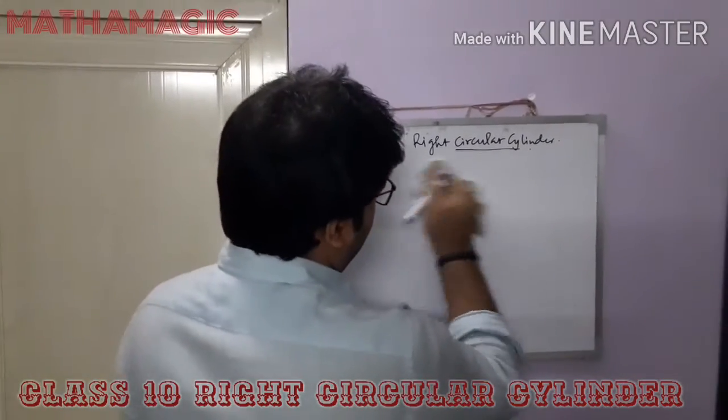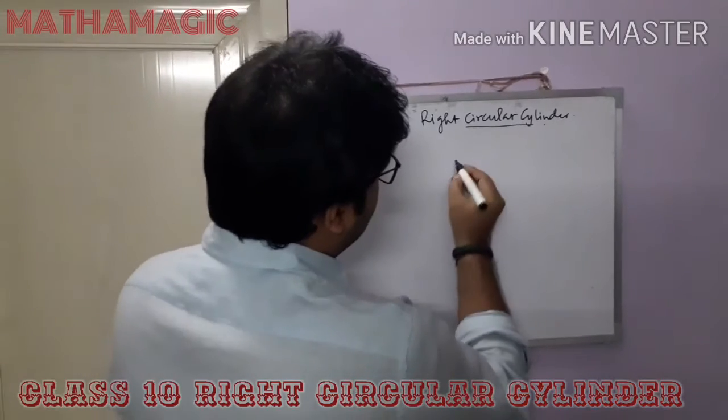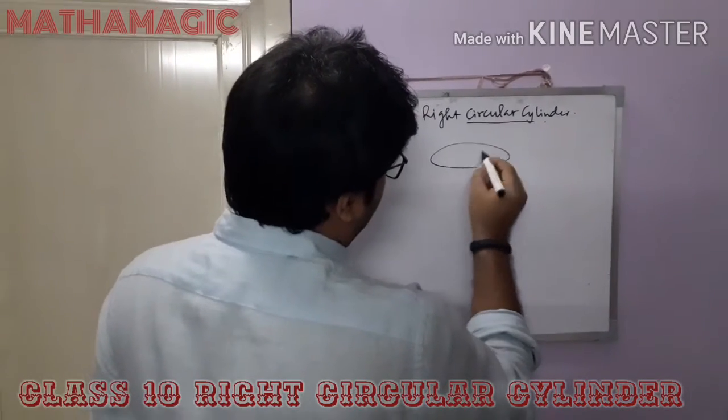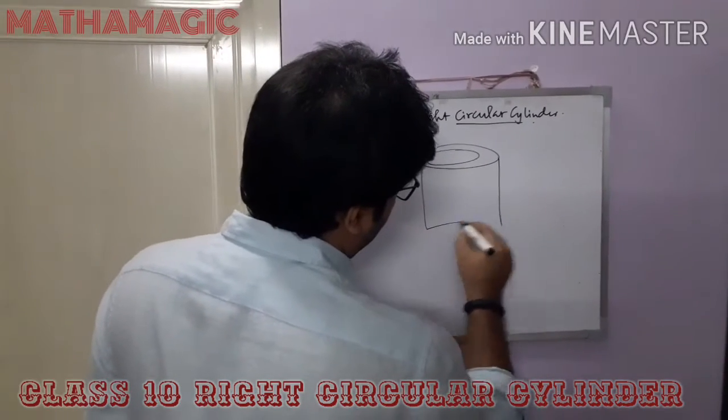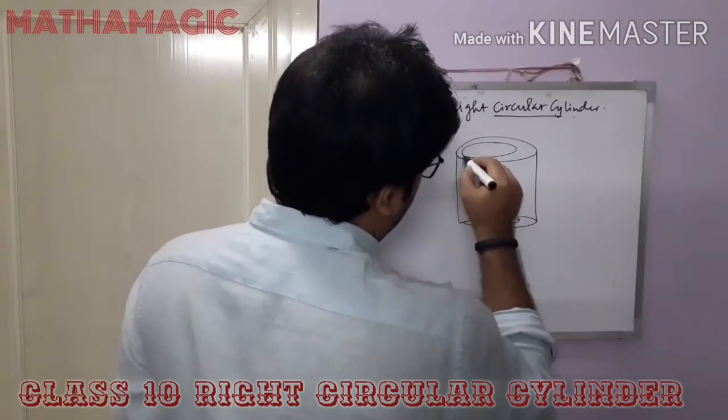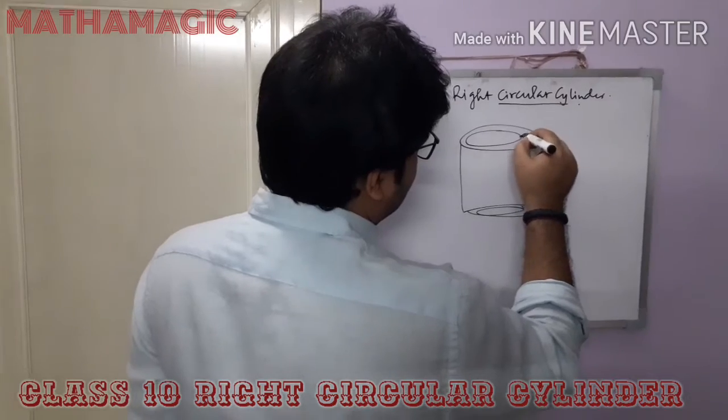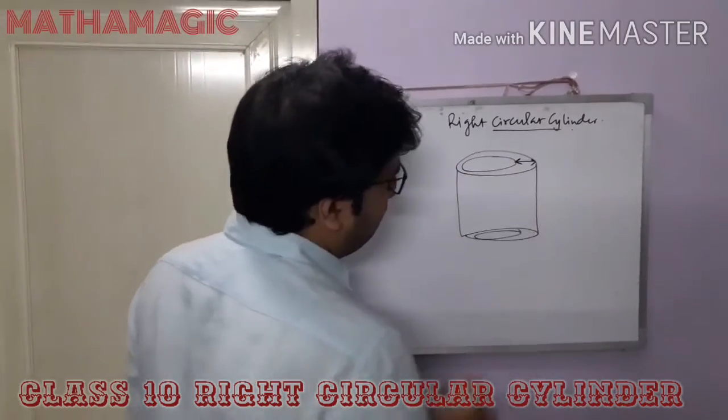Now if a right circular cylinder is in this format, where we have something like this, it has a thickness, suppose it is made up of a metal.